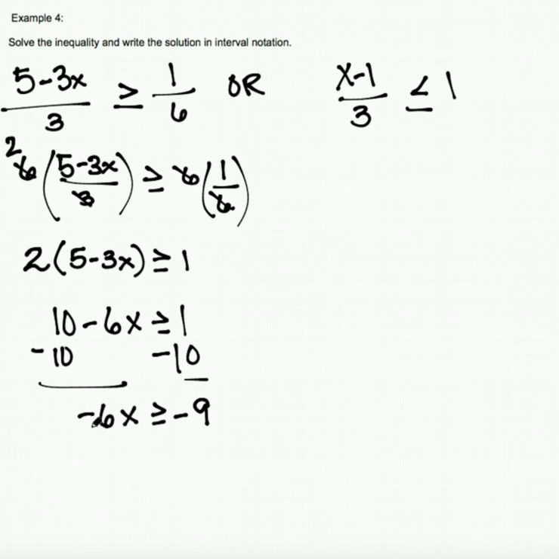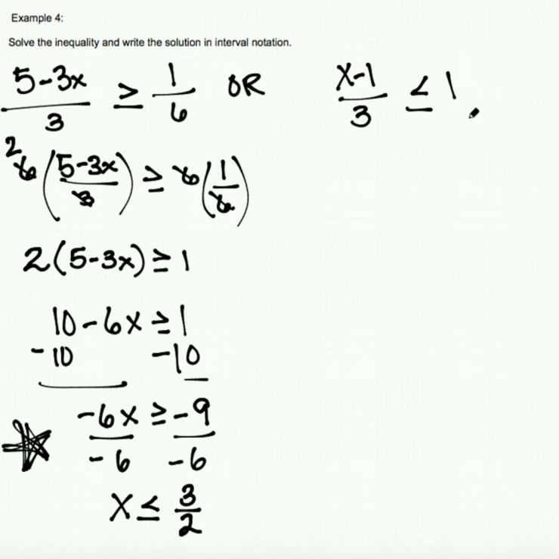Okay, then I'm going to divide both sides by negative 6. And again, little red flag. When we divide both sides by a negative, remember we have to flip the inequality symbol. So this is going to leave me with x is less than or equal to, and when I reduce negative 9 divided by negative 6, it gives me a positive 3/2. Okay, so that's the first piece.